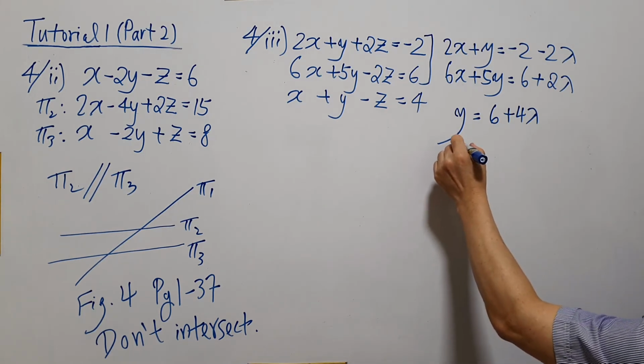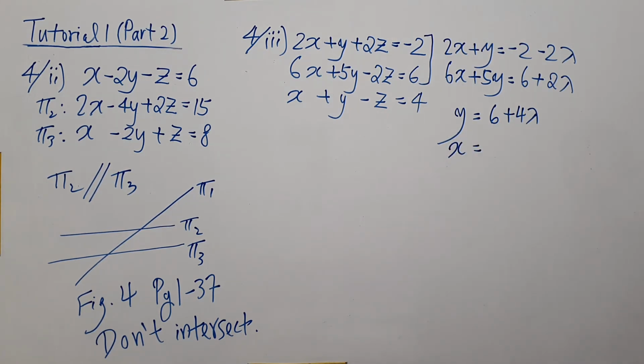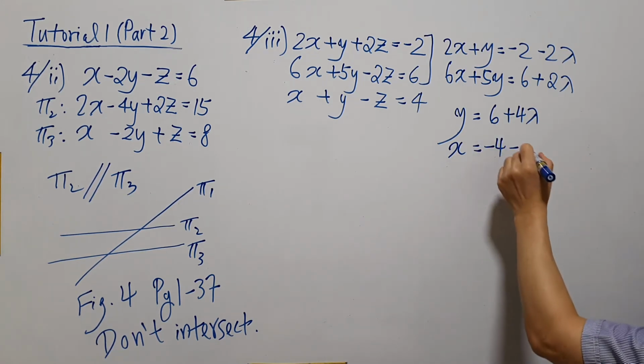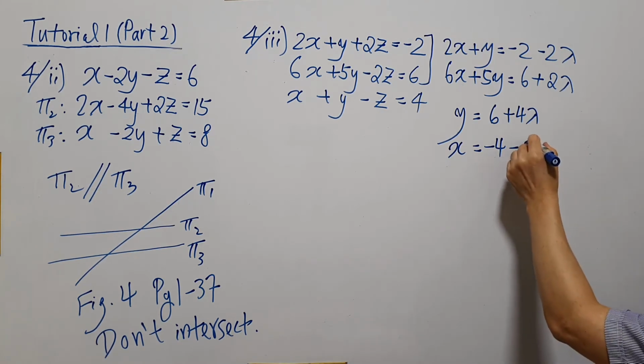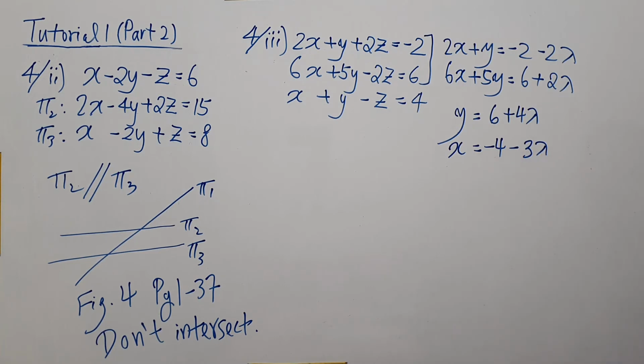Then my x will be equal to minus 4 minus 3 lambda. Okay, let me just be sure first. Minus 24 plus 33 minus 18.